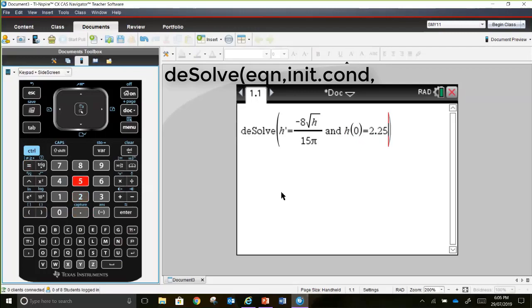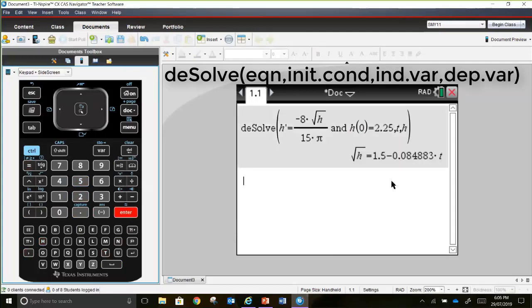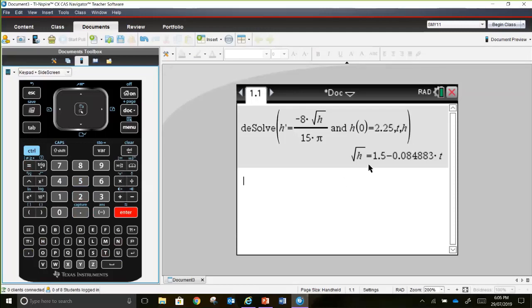That's not enough yet. I need to tell the calculator what my independent variable is. I go comma t, and what my dependent variable is, comma h. And now I enter, and this is the relationship between h and t.